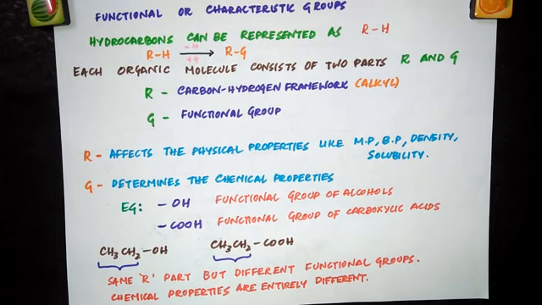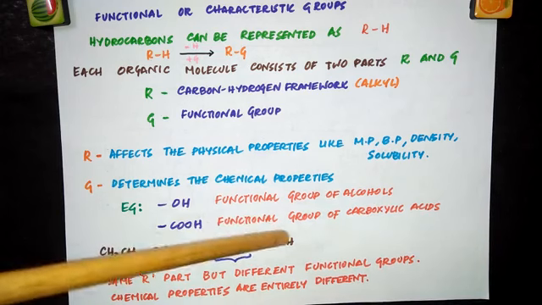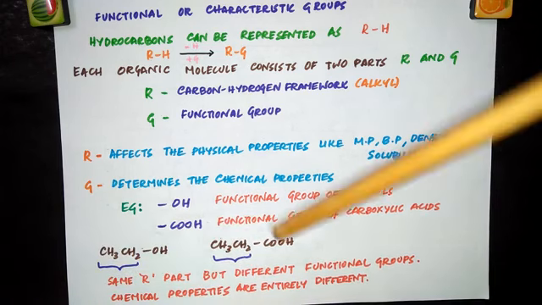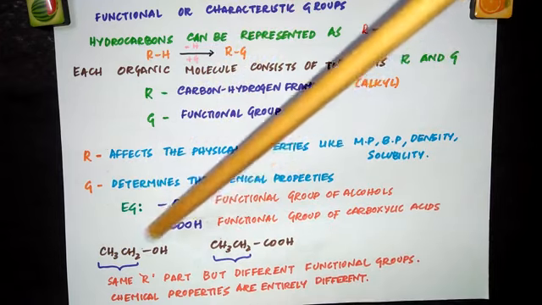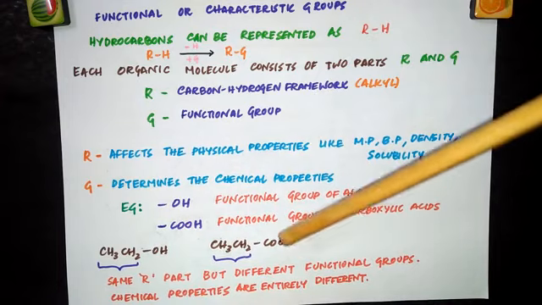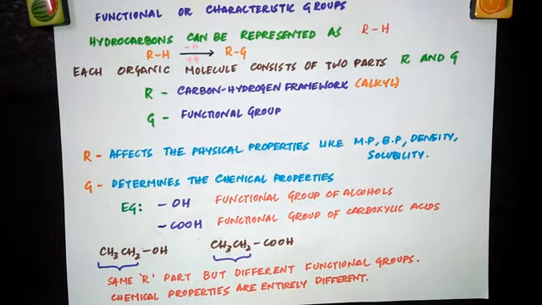But as a whole, if the molecule has the same functional group as any other molecule, then they will be behaving similarly. But if this alkyl part is the same, but the functional group is different like this, they will be behaving differently. So this is the ethyl part, this is also the ethyl part, but what is different? The functional group is different. So they are both entirely different compounds.